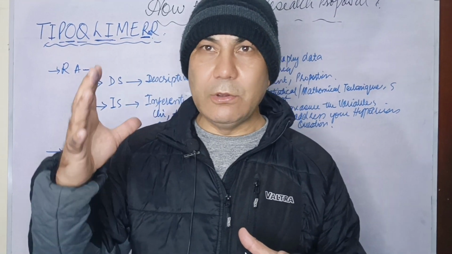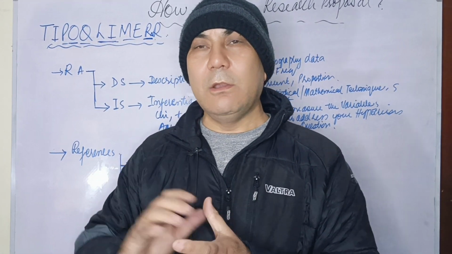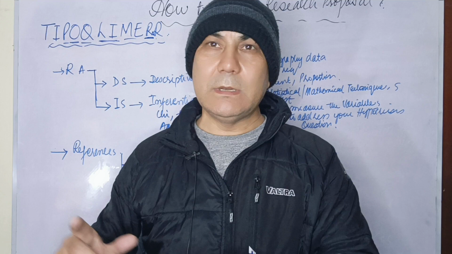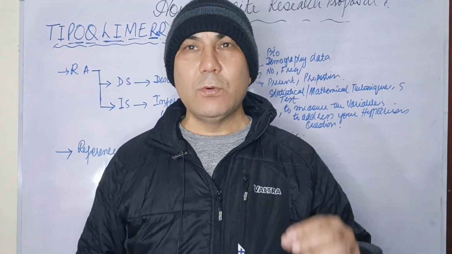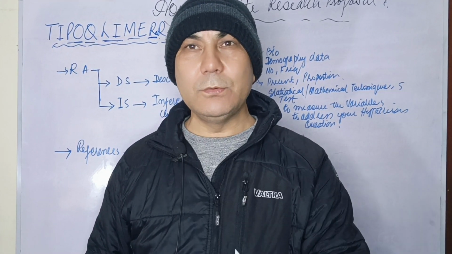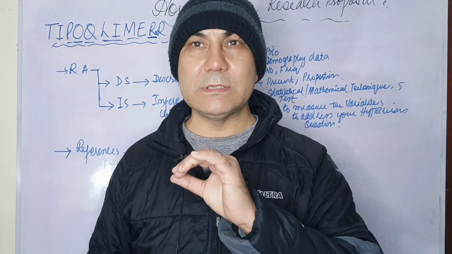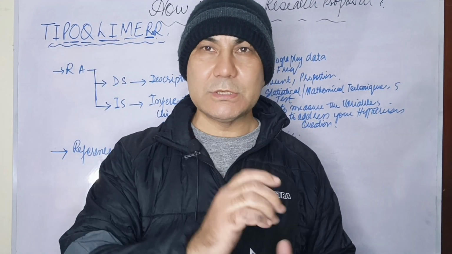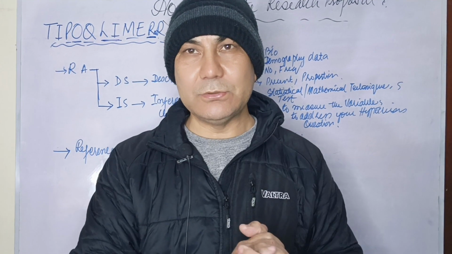I give a guarantee to you all, if you write your research proposal in this sequence, your research committee will approve your research proposal, thesis or dissertation in the first attempt. I give a guarantee to you all.